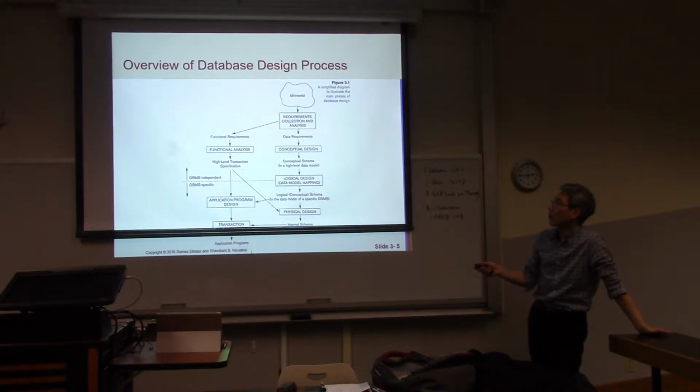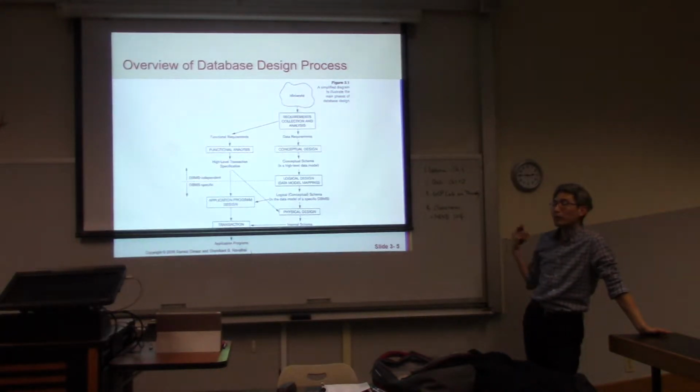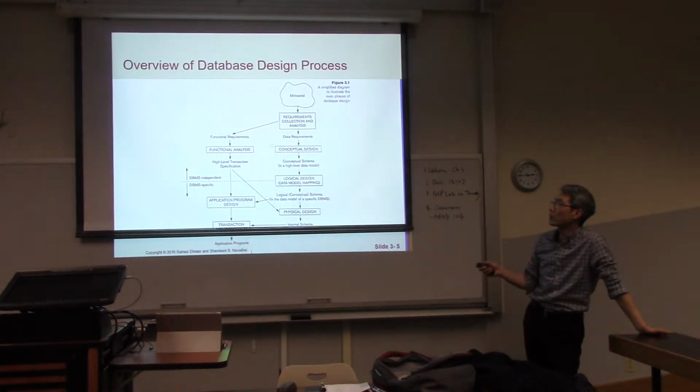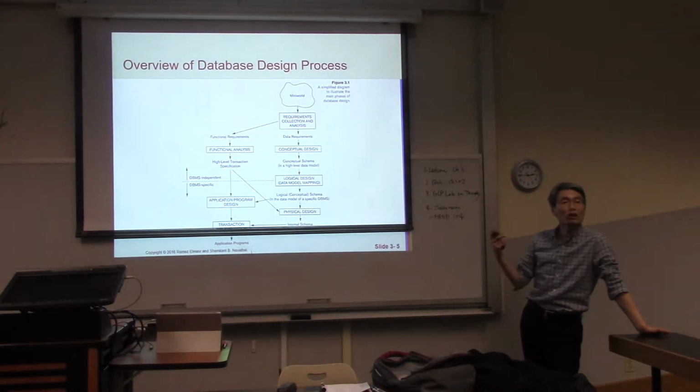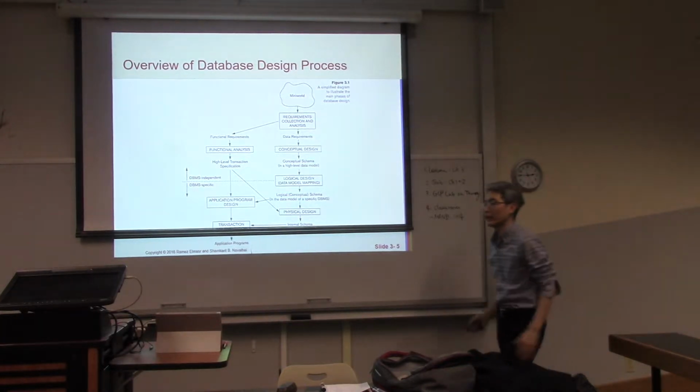Then we ask whether my design is feasible for the function. So you need to always consider the requirement as well as the functional analysis when you design your database. Probably throughout the semester, we will take a look at this many times to make a better quality database design.